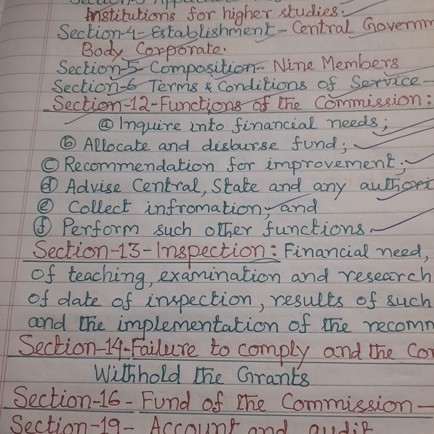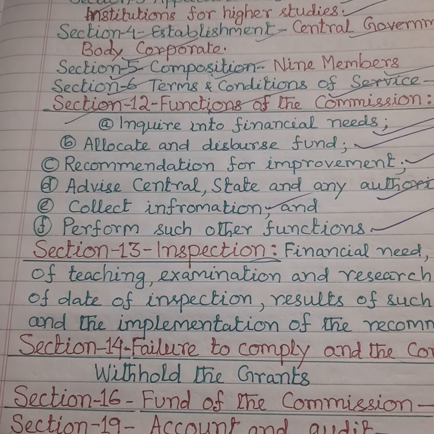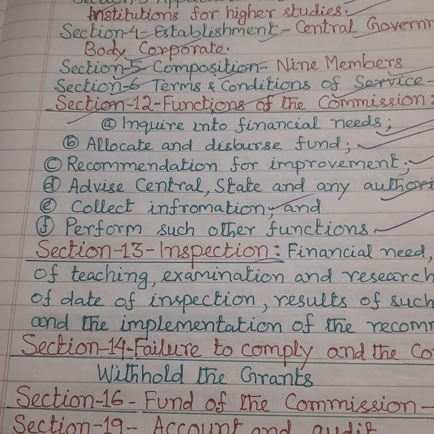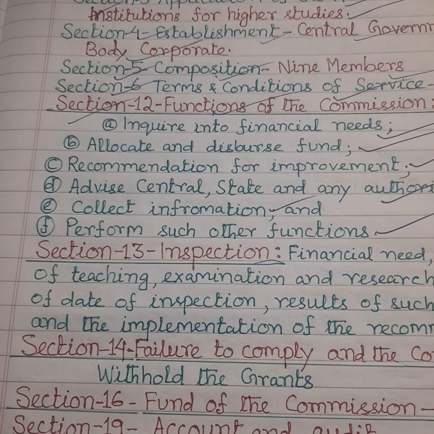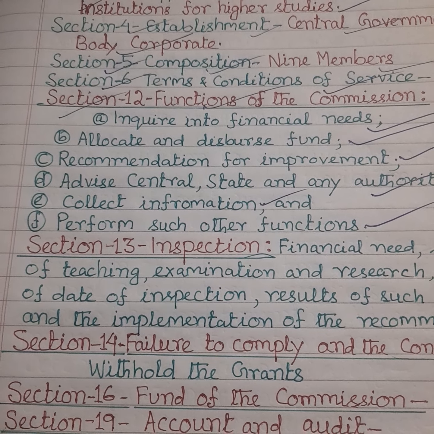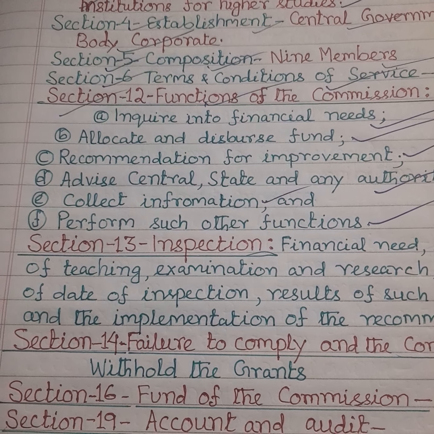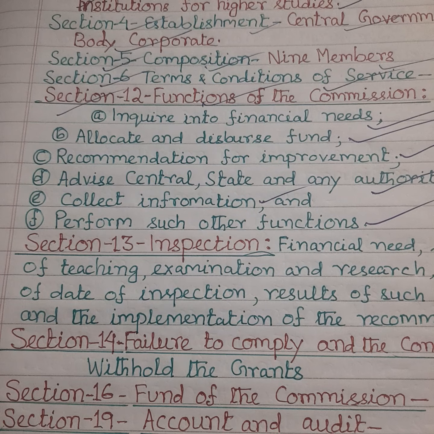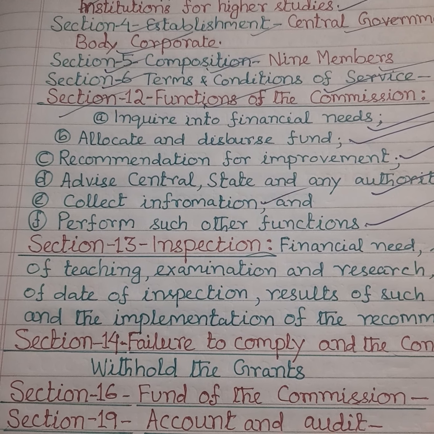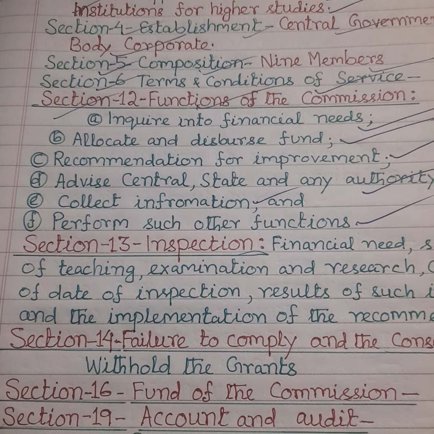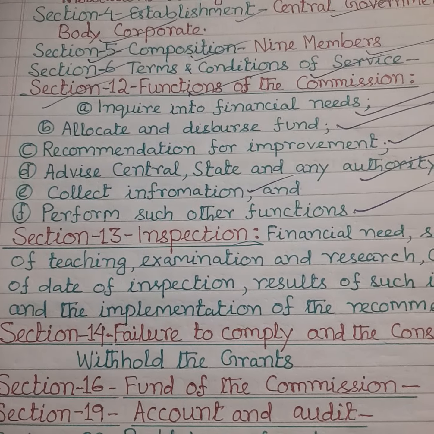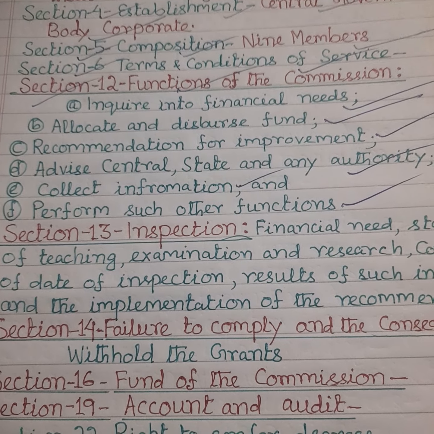Further, it requires universities to furnish it with such information as may be needed relating to the financial position of the university or the studies in various branches of learning undertaken in that university, together with all the rules and regulations relating to the standards of teaching and examination in that university respecting each of such branches of learning.